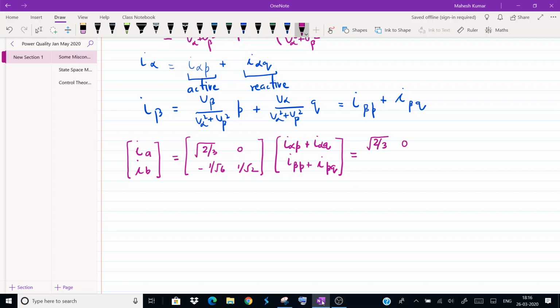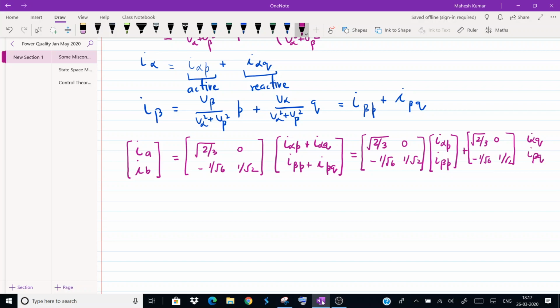This is 0, this is minus 1 by root 6, this is 1 by root 2, into I alpha P, I beta P, plus 2 by 3 into the matrix root 0, minus 1 by root 6, 1 by root 2, again into I alpha Q, I beta Q.